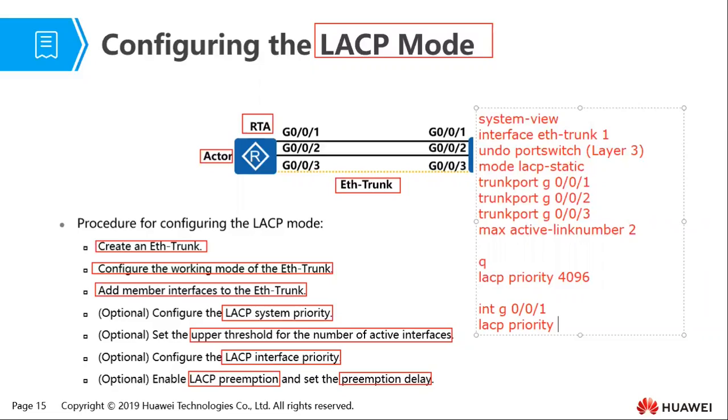I was supposed to find out the default. Can someone find for me the default interface LACP priority, even through Google? I'm forgetting the default LACP interface priority. If you get it, just remind us. I'm unable to remember that.